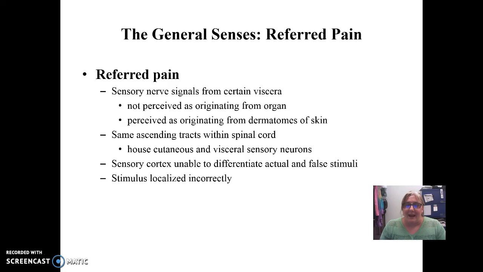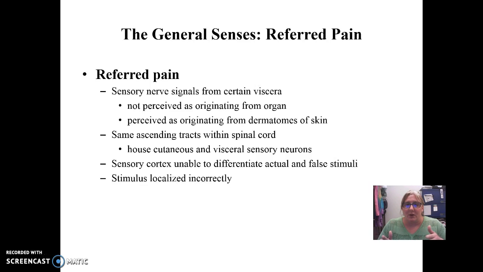And so what happens is, if you remember, our spinal cord has large nerves coming off, and the nerves carry both motor and sensory information. So information runs to different parts of the body, either to a dermatome of the skin, or it might run to an internal organ.